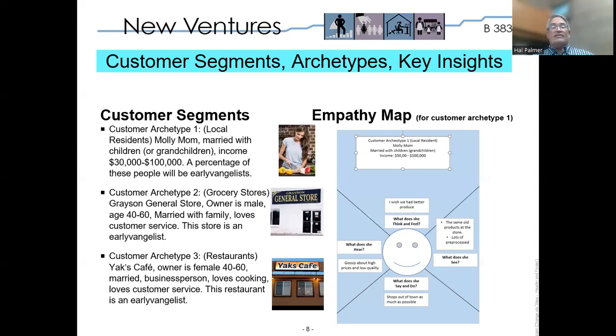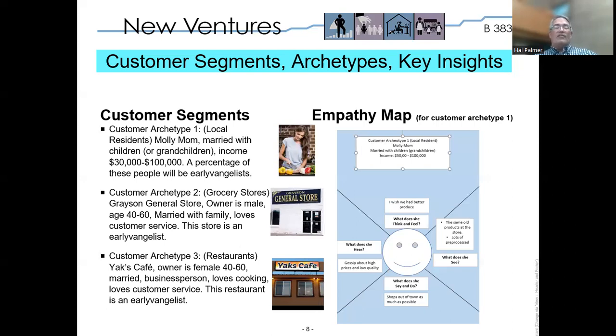The other segments are the grocery stores and the restaurants. Archetype 2 is the grocery stores. I picked one as kind of the archetype, and that is the Grayson General Store, which is owned by a local businessman, married with family, loves customer service. And I believe a store like this would be an early evangelist who would welcome our product, because I've seen him do that with other products as well.